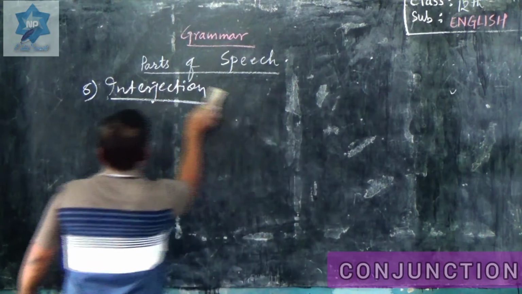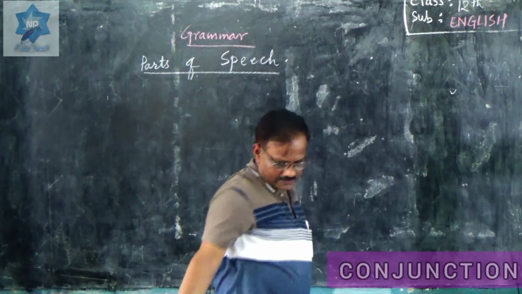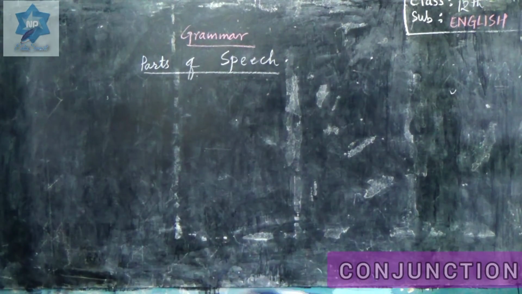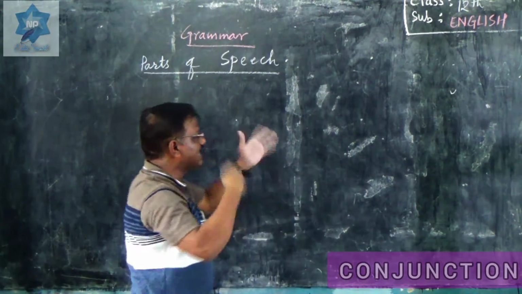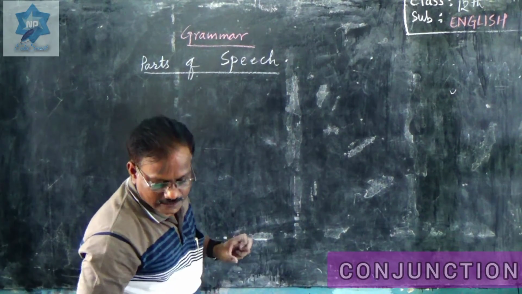Again, here we will cite the same example as we took in the very beginning, and then we will identify different parts of speech in that sentence, and that will be the last part of this lecture.